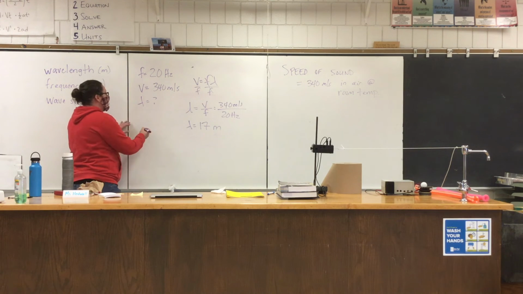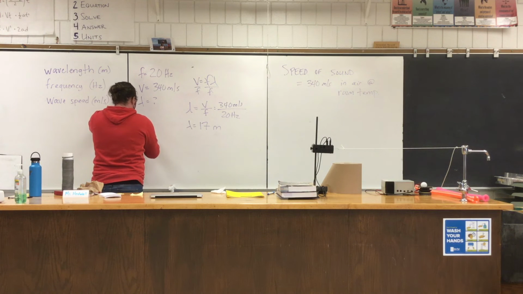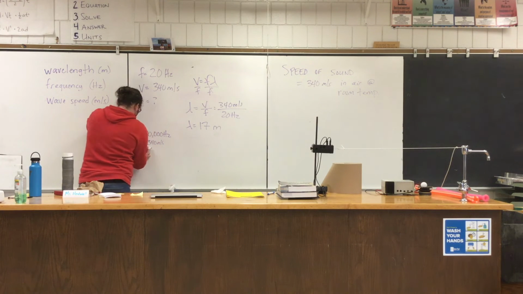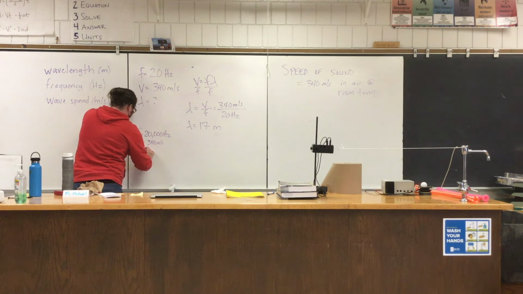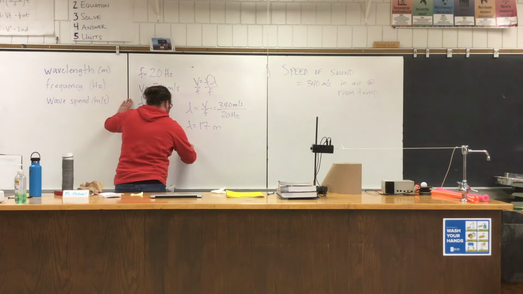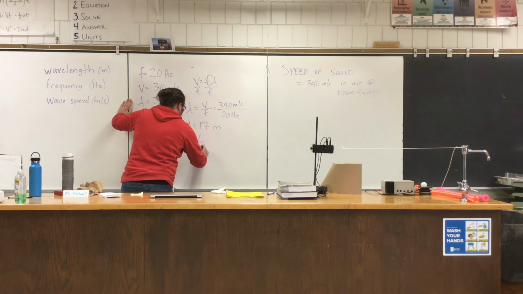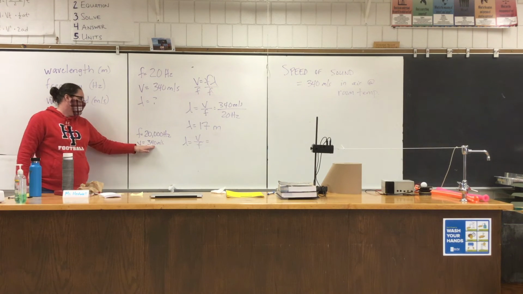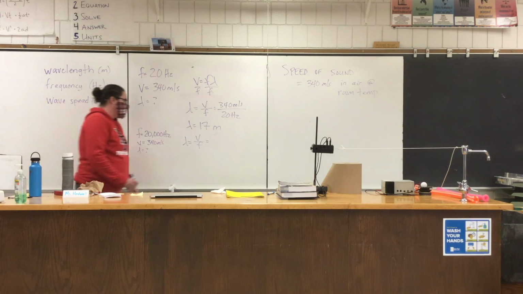If we do the same thing here and say frequency equals 20,000 hertz, and still velocity, that speed of sound, stays the same. Rearrange in the same way, lambda equals v over f. We'll still take our 340, now we'll have 20,000.